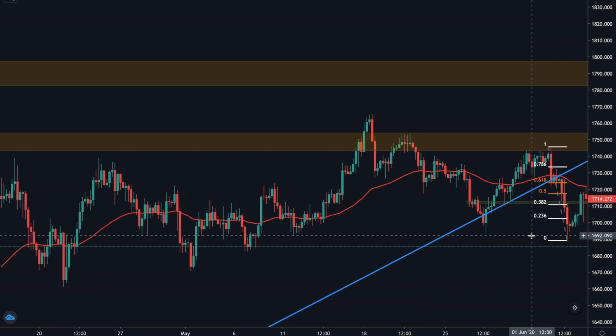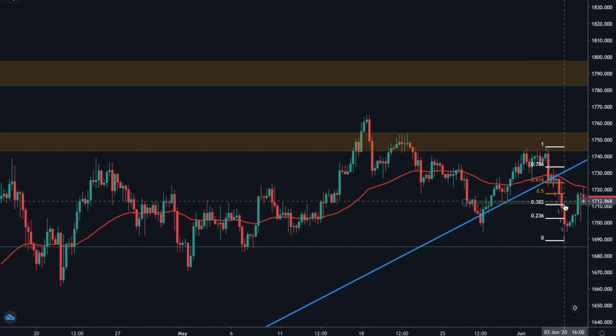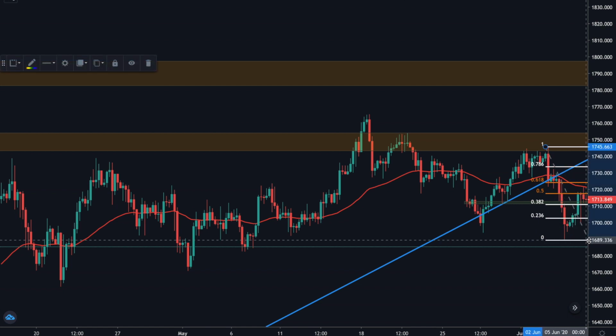And as you can see, guys, right here, we could see a perfect rejection of the 0.5 FIB level and the 50 EMA. But again, reaction does not equal a trend change, as we have our immediate trend as bullish.